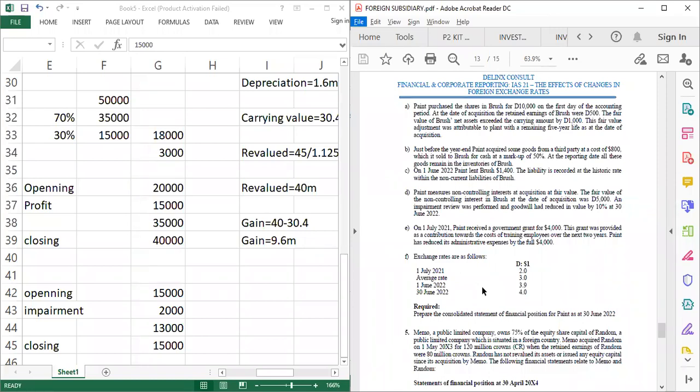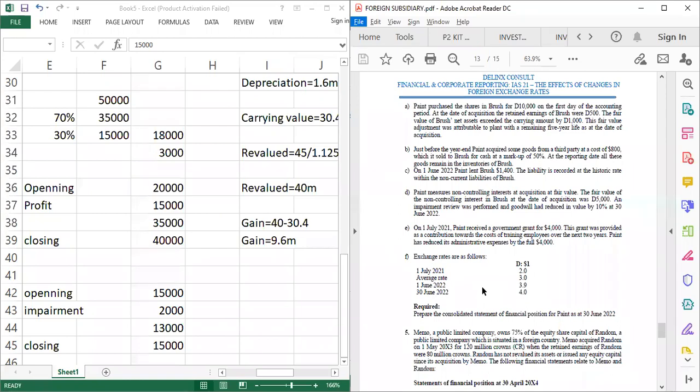And then 30th June 2022, 4D is to $1. Prepare the consolidated statement of financial position for Paint as at 30th June 2022.